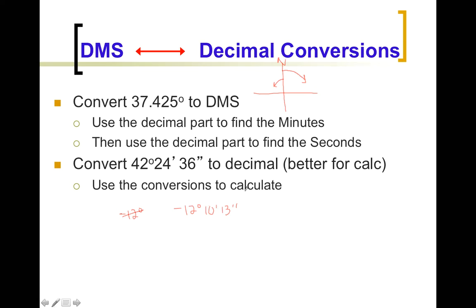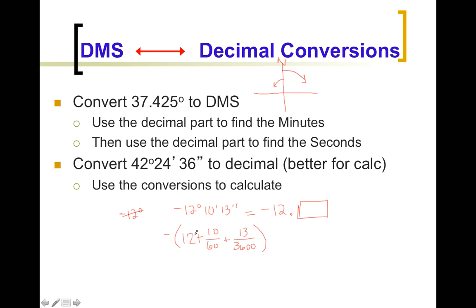The entire angle is negative, not just the 12. So when I do my conversions, I need to take the negative of 12 plus 10 over 60 plus 13 over 3,600. That way, I should get a negative 12 point something, whatever that something is.